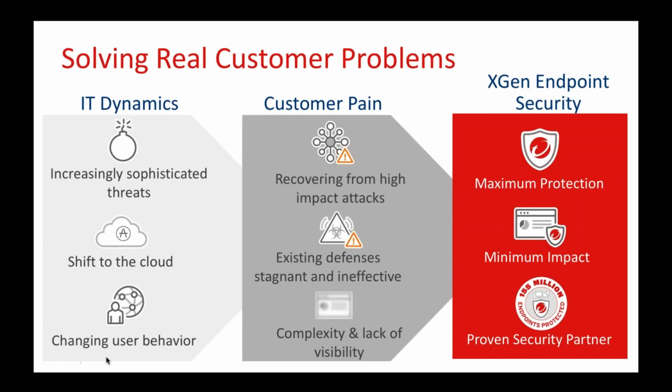Trend Micro XGen endpoint security, three main key points I'm going to go over is around that maximum protection. How do we actually protect the users and our customers? That minimum impact as well is very, very key. And of course, we are that proven security partner, which I'll delve into in a bit as well.